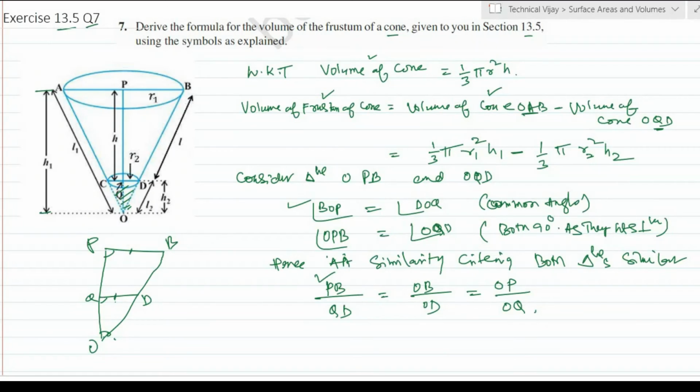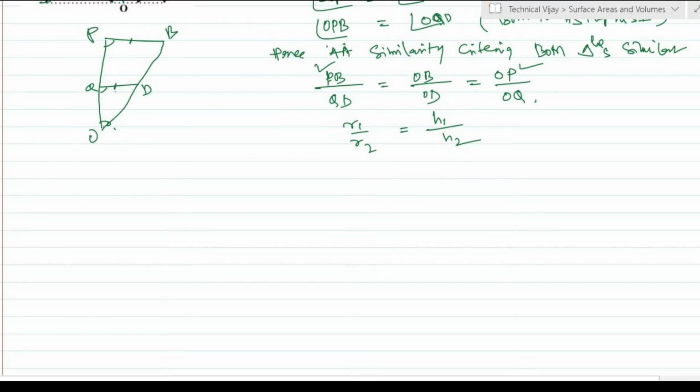Now PB by QD is nothing but R1 by R2. These are the slant heights. Now OP by OQ: OP means the total height H1, divided by H2, that is the smaller cone height. So R1 by R2 is equal to H1 by H2.